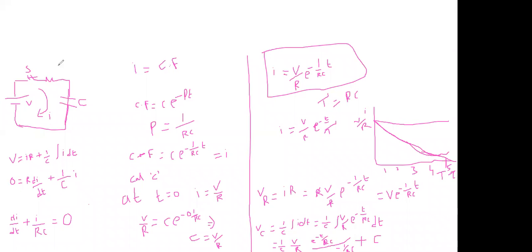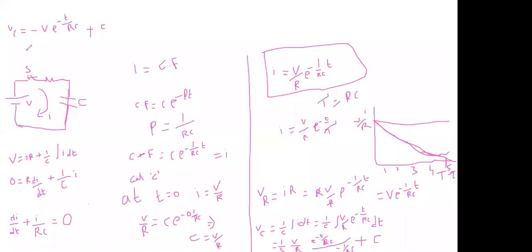Finally, we get the voltage across the capacitor equal to minus V e power minus t by RC plus C. Here, this is the voltage across the capacitor.